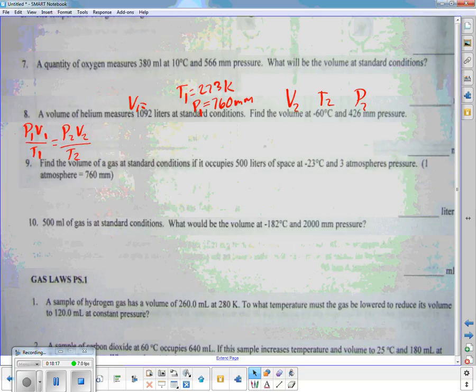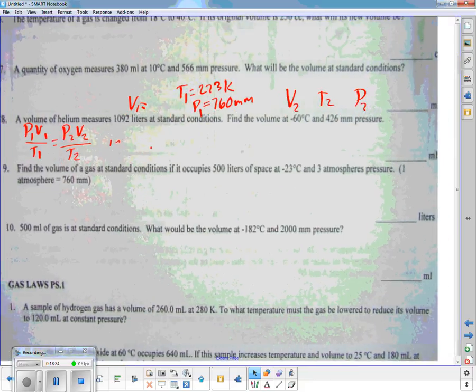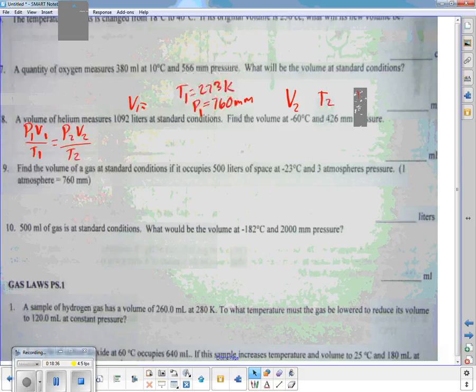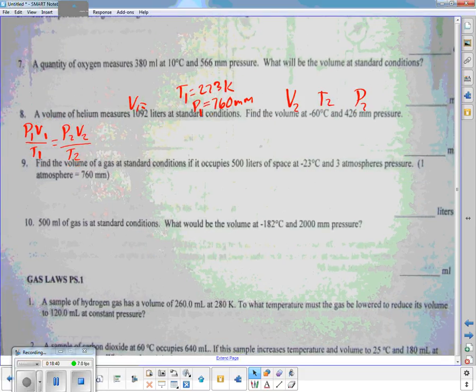Again, I like to rearrange first. You don't have to, but I do. Are we solving for V2? Sorry. We're solving for V2. And I'm slightly off now.